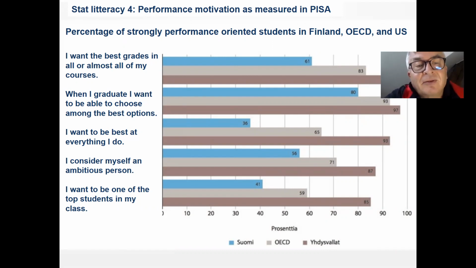I consider myself an ambitious person. So again, the difference here is clear. The third one, best at everything: no, not really. Ambitious, yeah, quite ambitious. And I want to be one of the top students in my class. Again, Finnish, and I would think that also Asian students might be in this group.